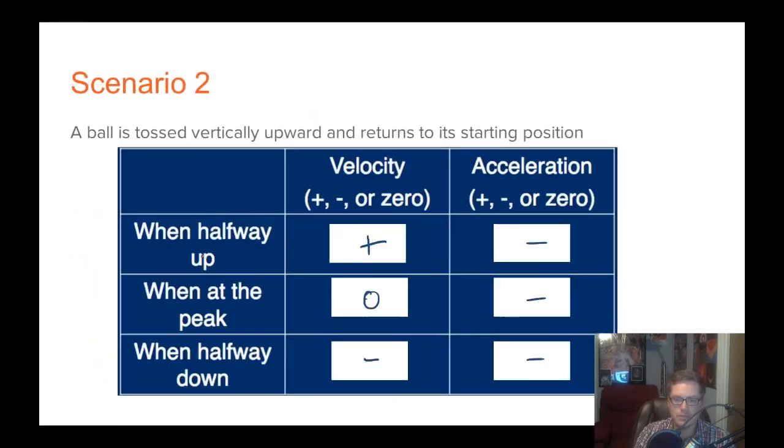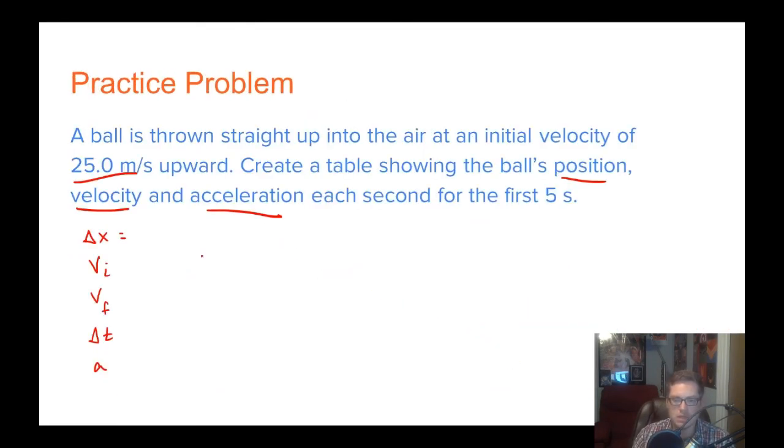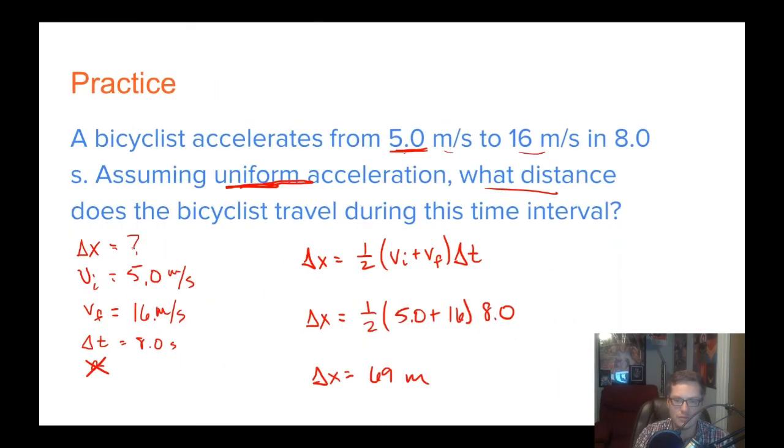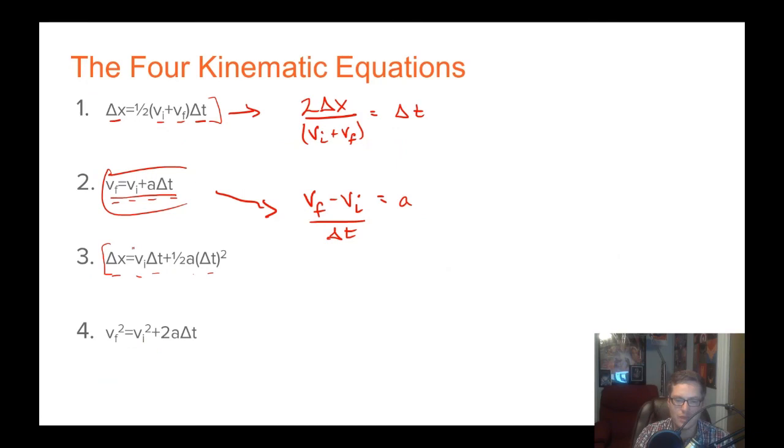So delta x equals vi delta t plus 1/2 a delta t squared. We're going to use this one to solve for delta x each time.